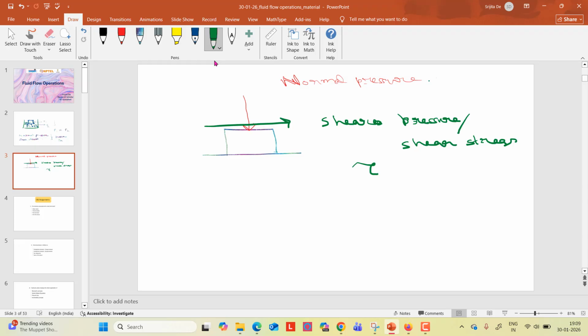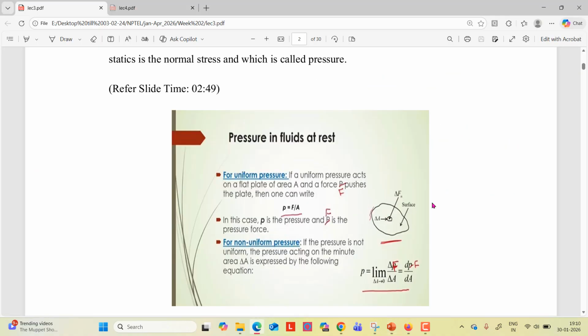The normal pressure is P. Both are force per unit area, and their unit is Newton per meter square, or Pascal.